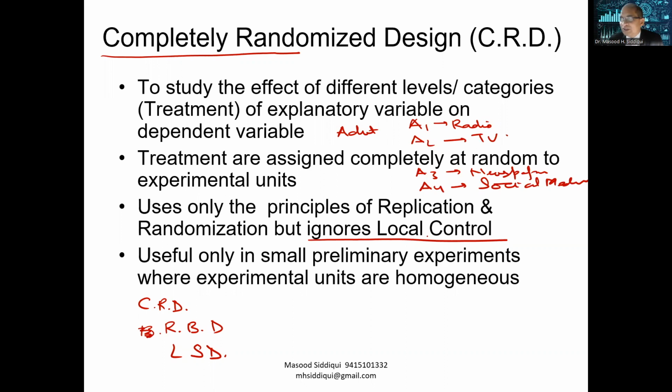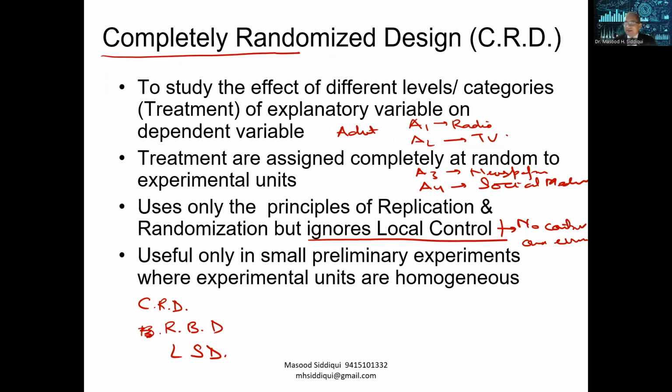It does not have local control, so it has no control over the error component. So how is that possible? Since it has no control over the error component, we try to have every extraneous factor similar.